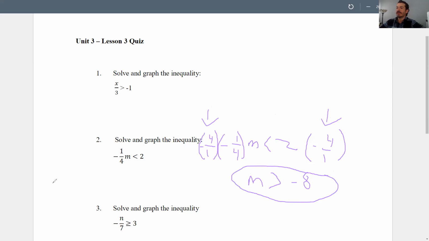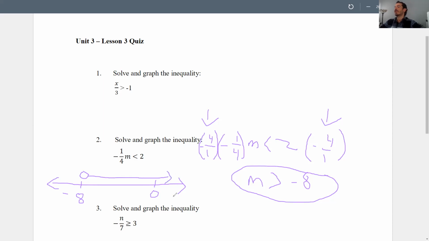Let's graph it really quick. Here's my number line. I'm going to put 0 to the right because I know I need to go to -8 here. I'm going to draw an open dot because it's not or equal to, and then it's greater than, so the arrow goes to the right.